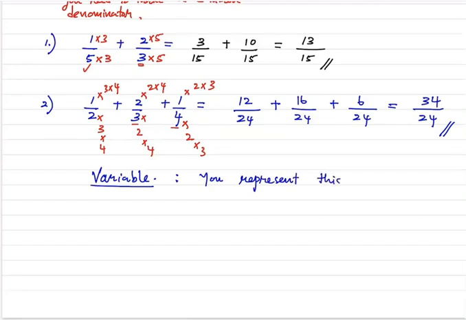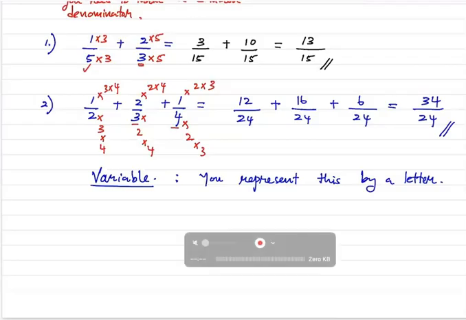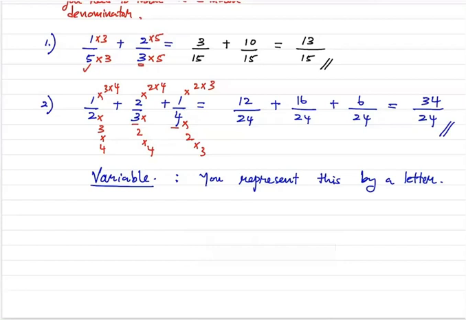You represent this by a letter. For example, you can say A, B, capital X, capital Y, any capital letter can be used, or any simple letter can be used. Doesn't matter. It's just a name.